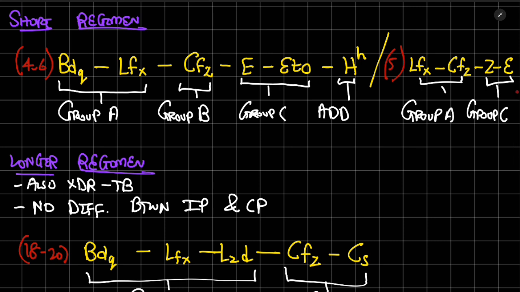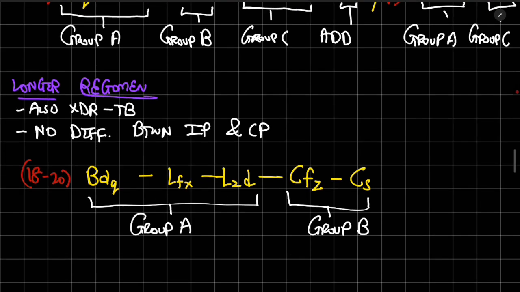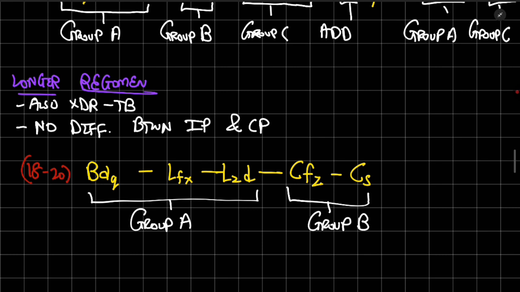For the short regimen, for the initiation phase, the formula is 2-1-2: 2 from group A, 1 from group B, 2 from group C, and further 2 from group A, 2 from group C. And for the longer regimen, the formula states 3 from group A and 2 from group B. So this was all about the regimens.